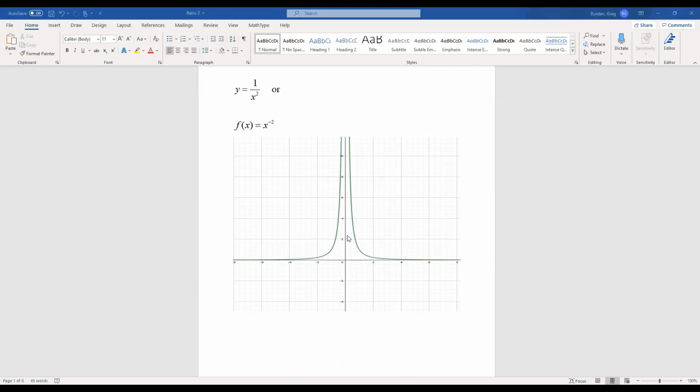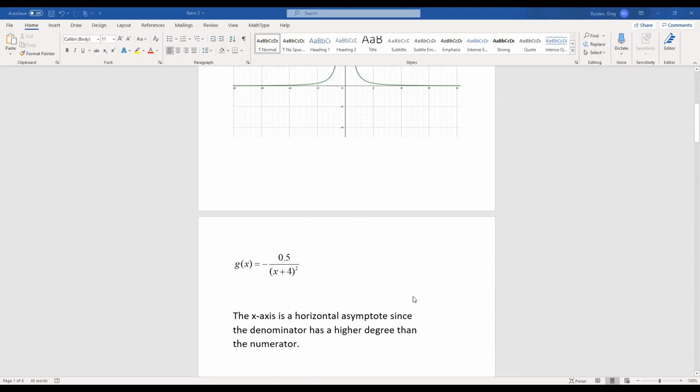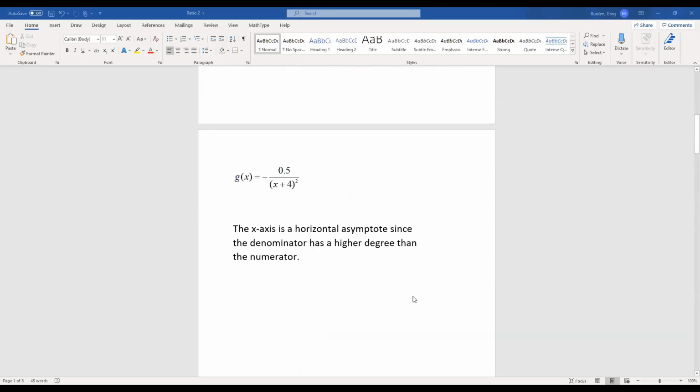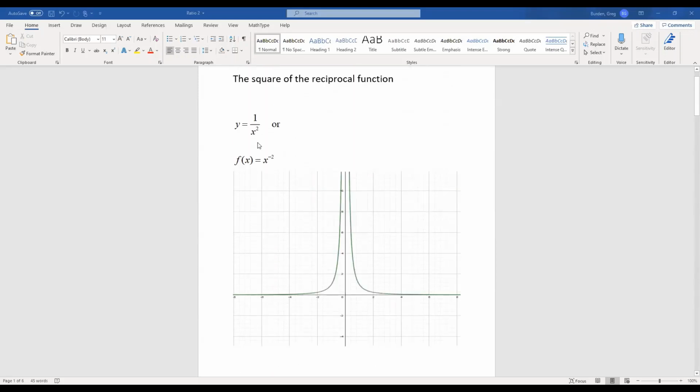Now we can shift this in the same sort of way. I decided I'd do a few things to it here. So here, for example, we can have g of x equals the opposite of 0.5 over the square of x plus 4. So if you're comparing that to this function here, we still have something squared.